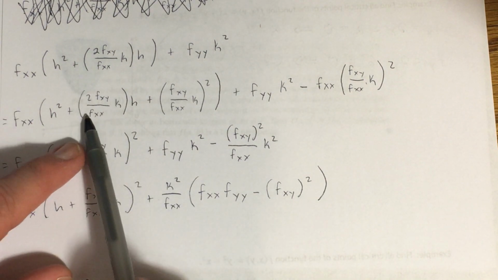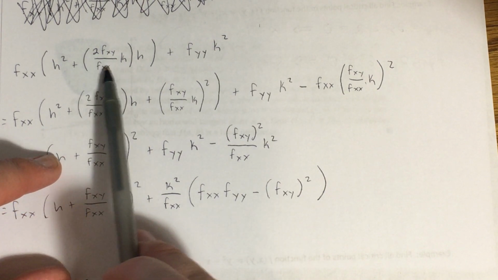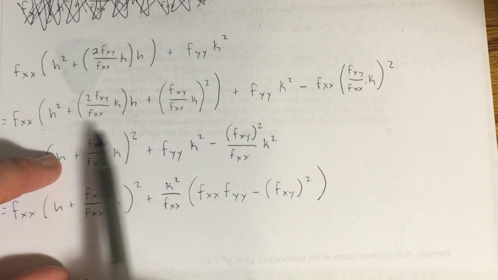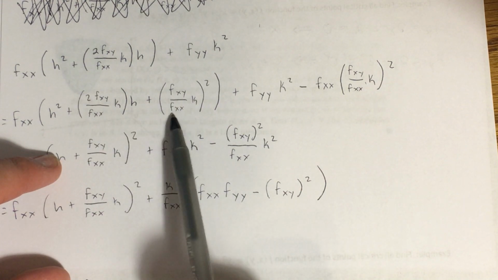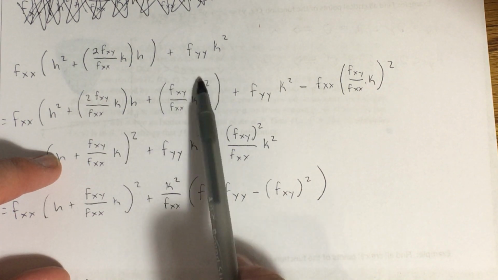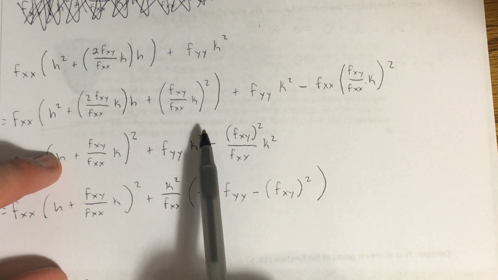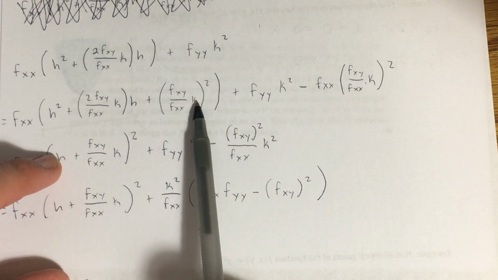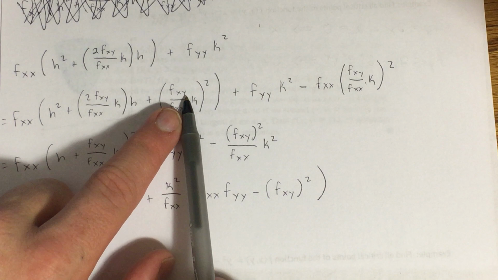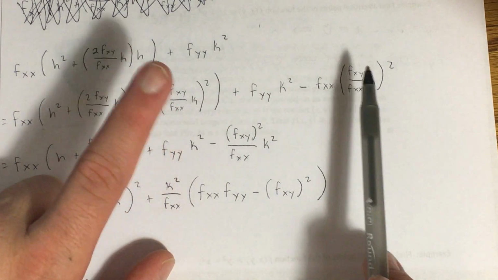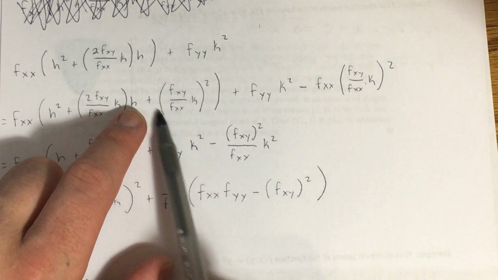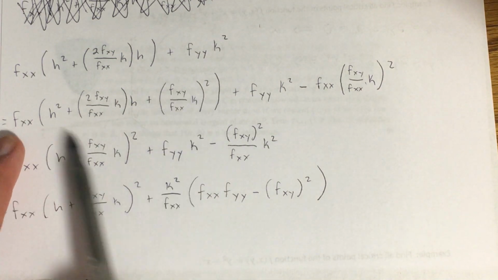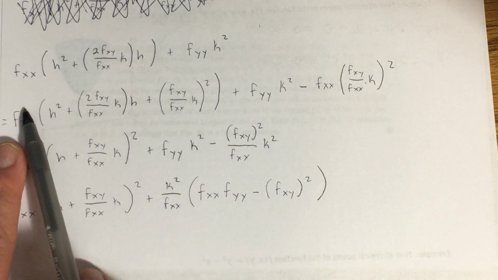And if you remember, you take half of this coefficient, and then you square it. So half of this is just going to get rid of the 2. Squaring it gives me fxy over fxx k, all squared. Now, because we added something new in here, when you complete the square, you then have to subtract that corresponding term out here so that things would cancel out. But the term that I am putting in here is also being multiplied by this fxx.